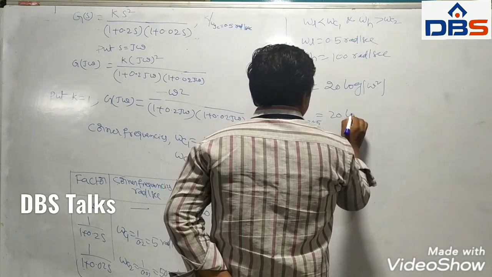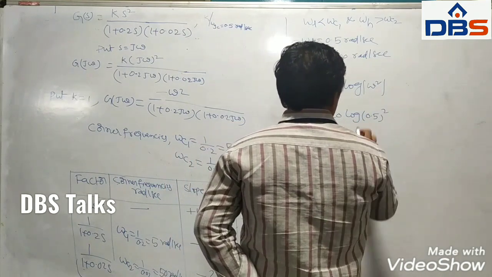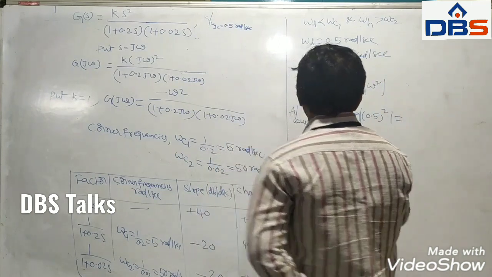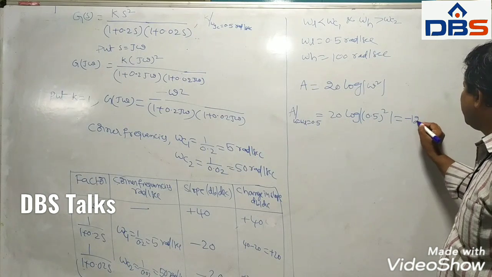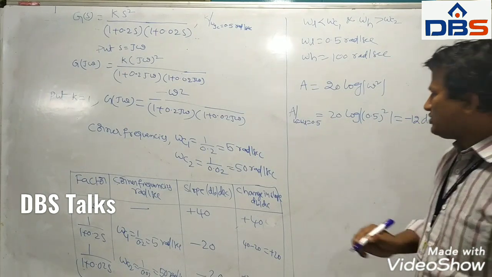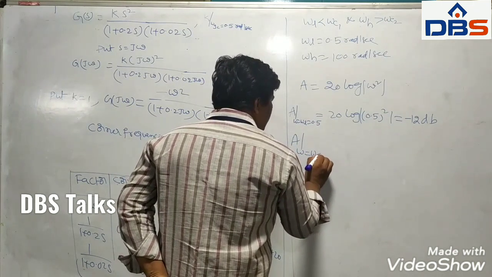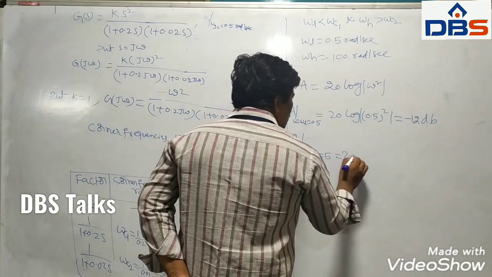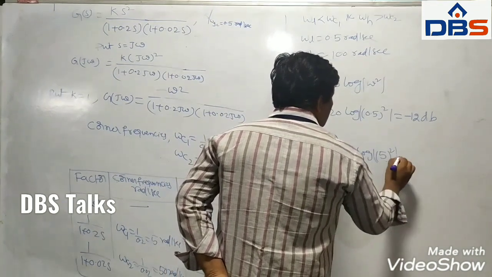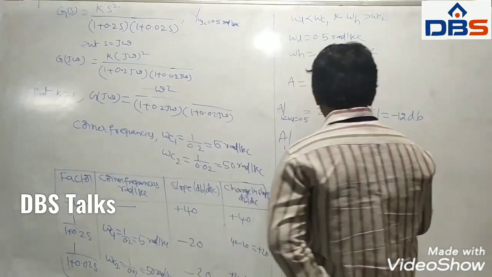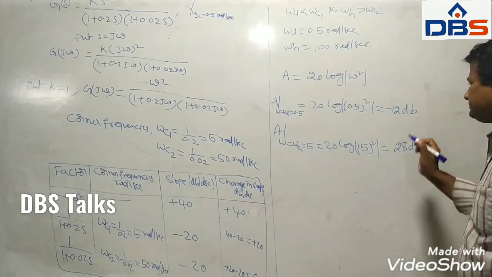So 20 log 0.5 square. By using a calculator we can calculate this value, minus 12 dB. Another one, gain at omega equal to omega c1 equal to 5 radians per second, 20 log 5 square. This value is plus 28 dB.